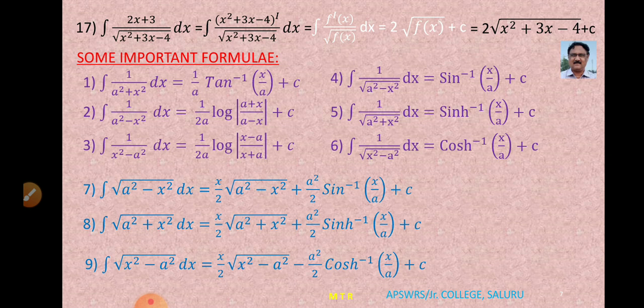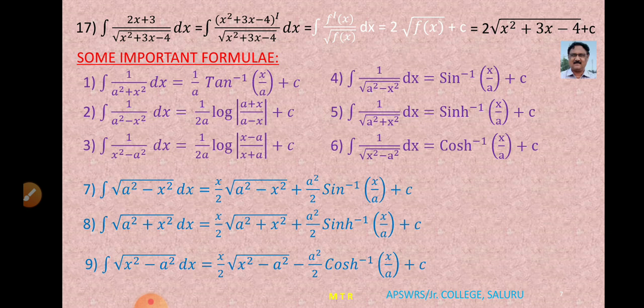The derivative of 3x is 3. The derivative of 4 is 0. So the derivative of x square plus 3x minus 4 is simply 2x plus 3. So we write the given integrand as integral of 2x plus 3, which is the derivative of x square plus 3x minus 4, so we write that as x square plus 3x minus 4 dash by square root of x square plus 3x minus 4 dx.